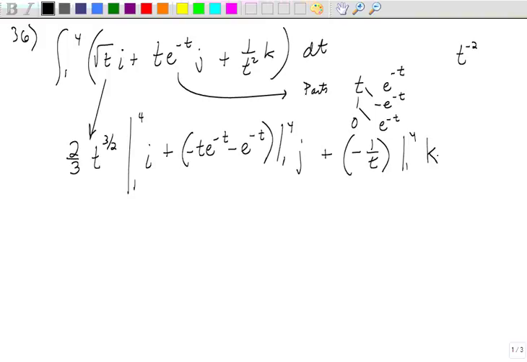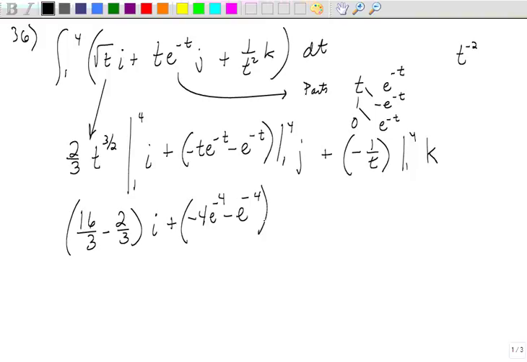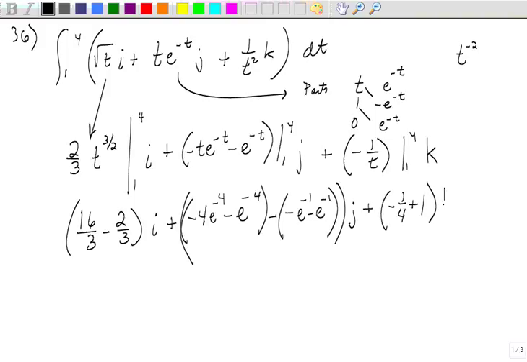Okay, so this is going to be 16/3 minus 2/3, i. This is going to be minus 4e to the minus 4 minus e to the negative 4 minus 1, j, and minus 1/4 minus, is a plus, 1, k.